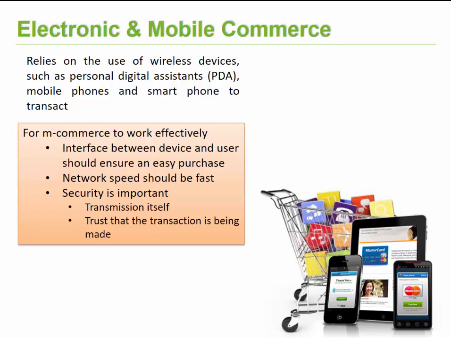There's a few things we need to have in place before we can conduct mobile commerce. If you look at something as basic as a cell phone screen and you compare it to a computer screen, you will soon realize that there's major differences in the requirements for user interaction. For example, on a computer screen, the screen is relatively large.